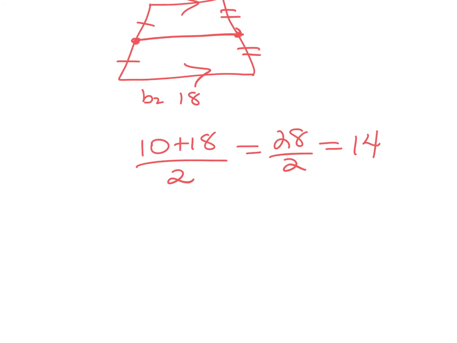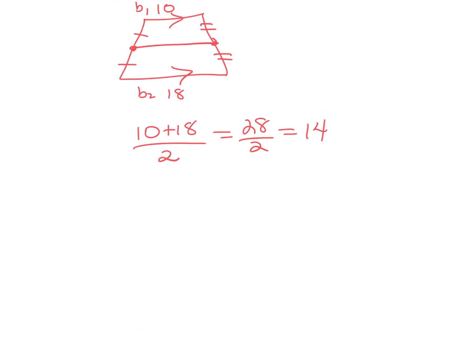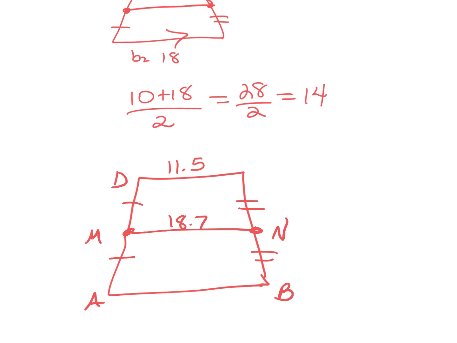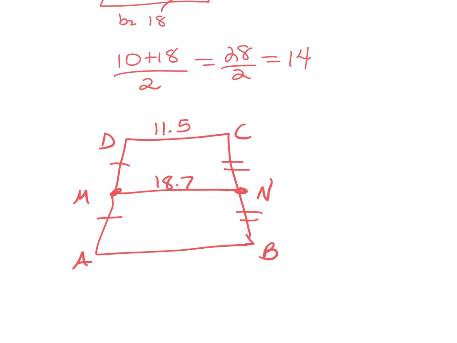Now, the other way, let's say I give you the length of the midsegment. So let's say I give you this. And again, we can tell it's a midsegment because of the congruency marks. Let's say I give you this as 11.5 and this is 18.7. And it's going to ask you to find the length of AB. So let's see, M, N, D, C. Again, this could be base 1, this could be base 2.